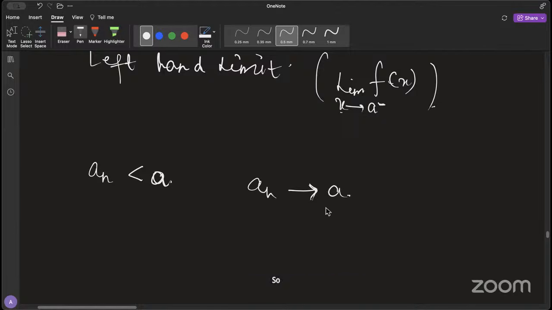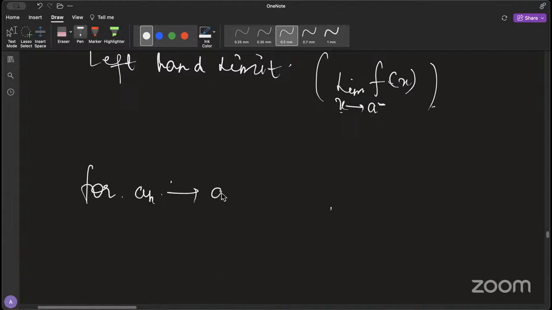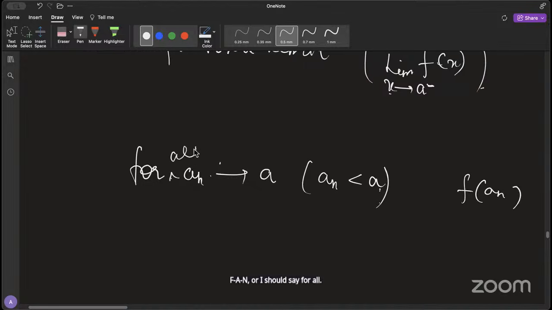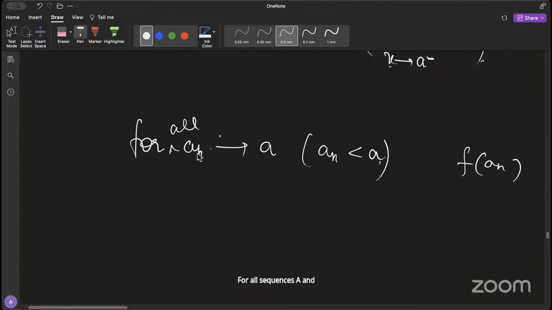So if there is any sequence that converges to a, and that sequence is less than a, then my f of an, let's say I'll write it in this manner: for an converging to a, where an is less than a, f(an), or I should say for all sequences an. By this I mean for all sequences an that are converging to A.